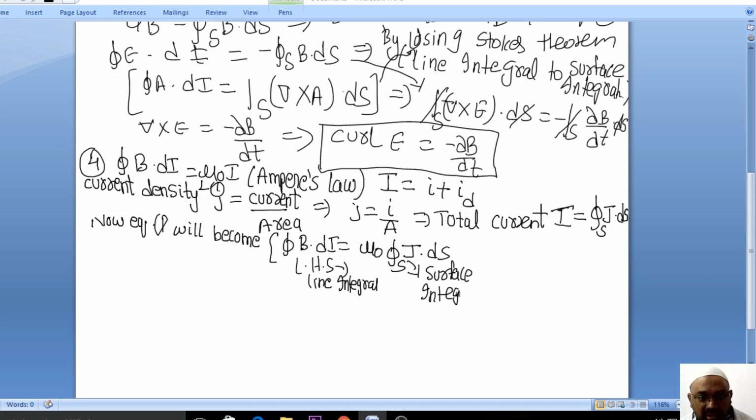So this should be converted either into surface integration or into line integration. LHS and RHS should be uniform.